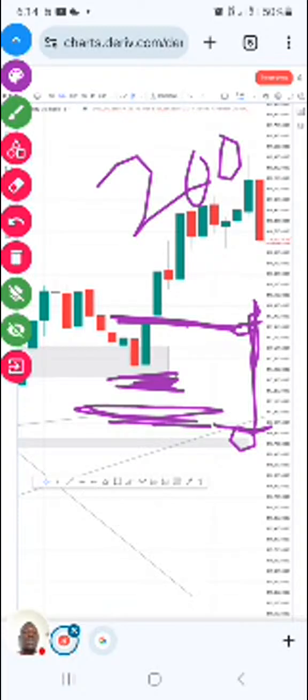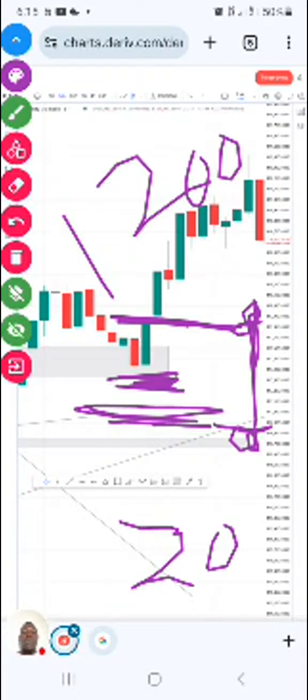I have to lose $20, which means if from here to here is $5 for one entry, I have to put 4 entries, which will be equal to $20. I think you have got it. Now that is the risk.